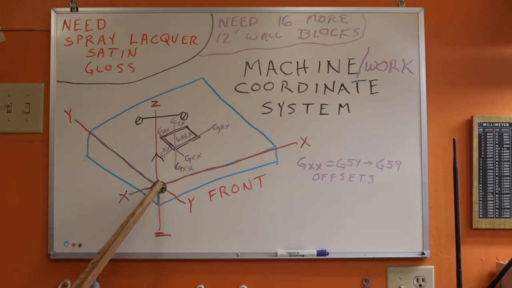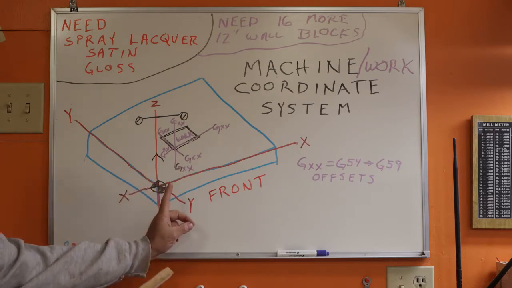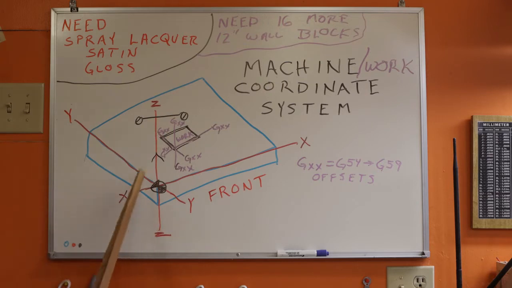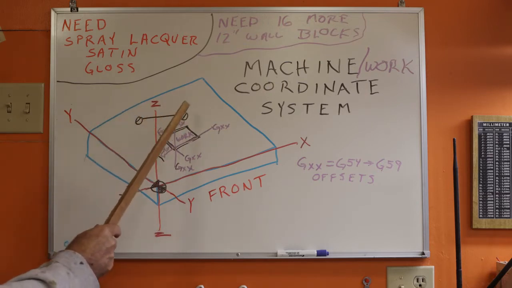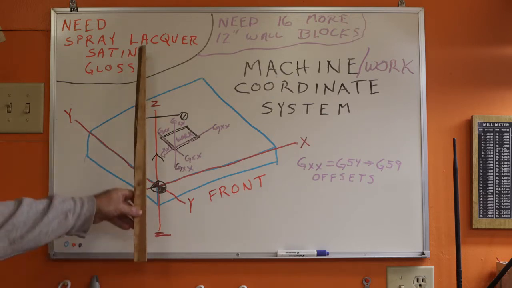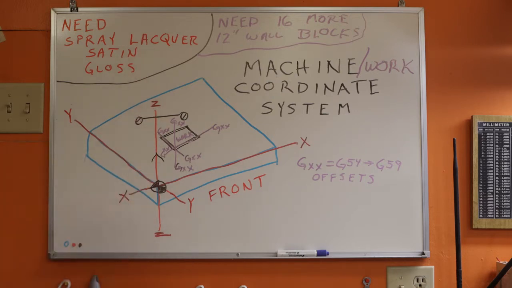This is the 0 point for X and Y, and then with the spindle all the way up into the top, you see the Z. I put this bar, that mark over there for the Z. That's the machine coordinate system.